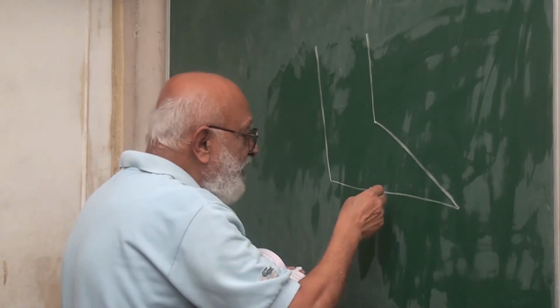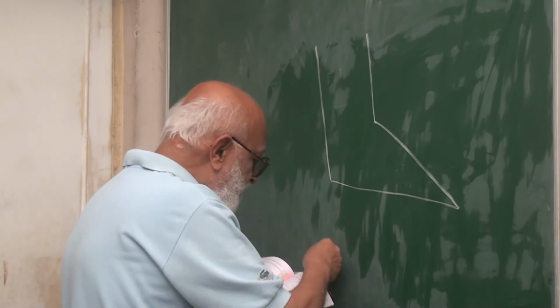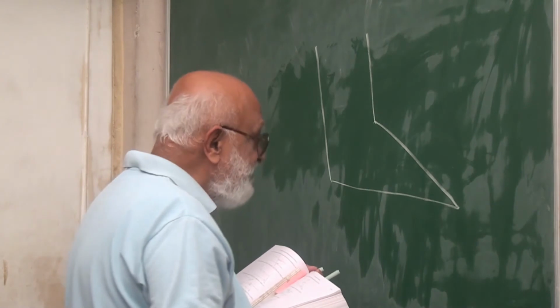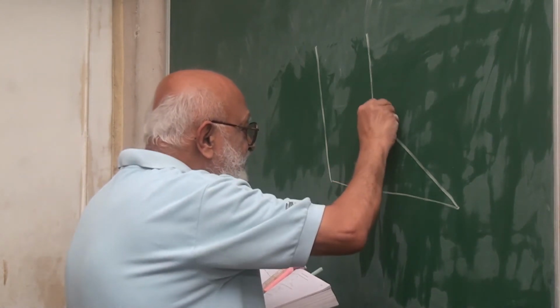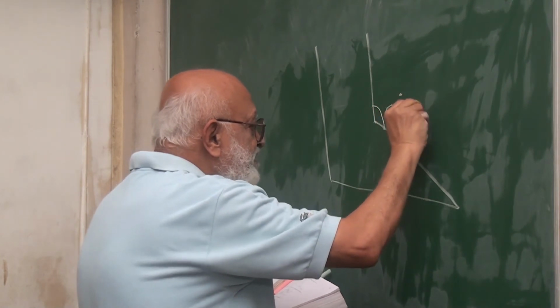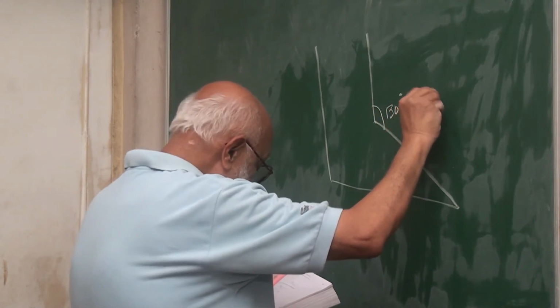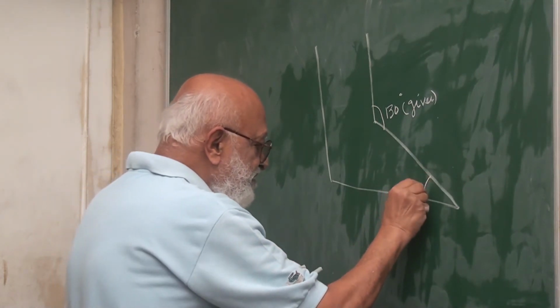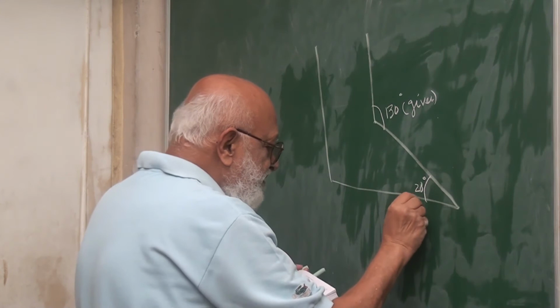You remember we have done a similar type of thing before. So we will do the same thing here also and see whether it works or not. This is given as 130. This is given. Okay. This is given as 20. This is given.